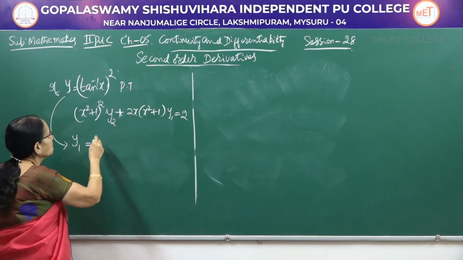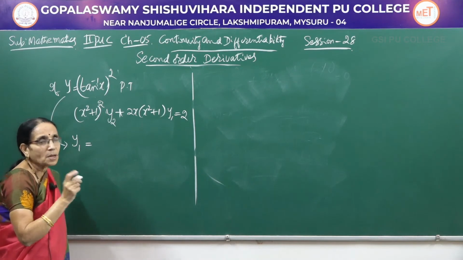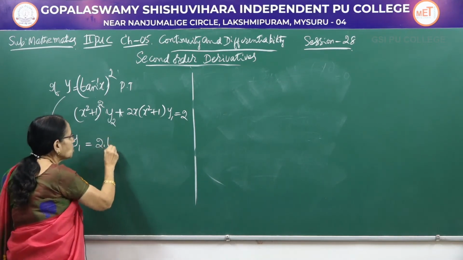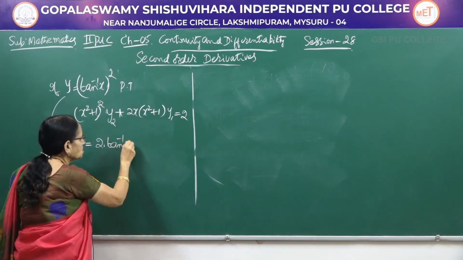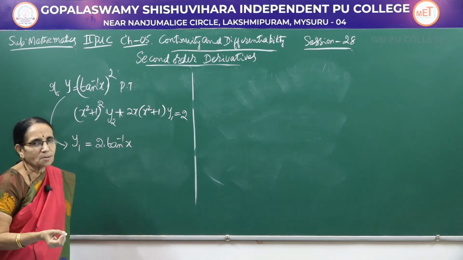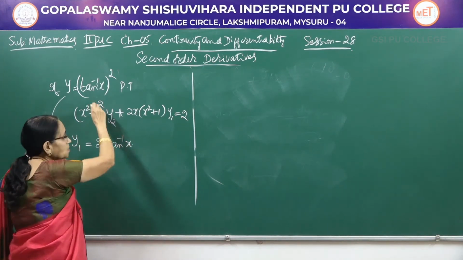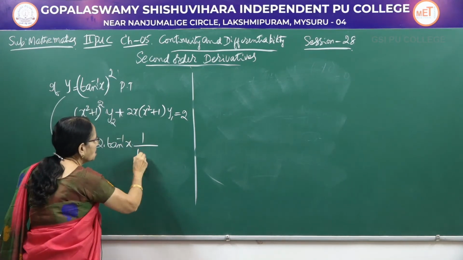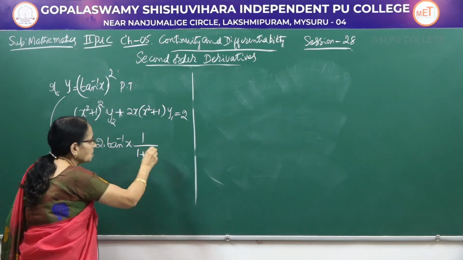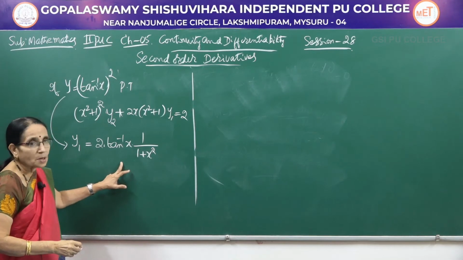So, y1 would be equal to, see here some function raised to the power 2. So, apply the chain rule, that is 2 into tan inverse x, and then derivative of the inside. When x square is given, how do you write? 2x, isn't it? Therefore, 2 into tan inverse x. But tan inverse x has to be differentiated, which is 1 over 1 plus x square. So, I applied the chain rule here. What's the next step?